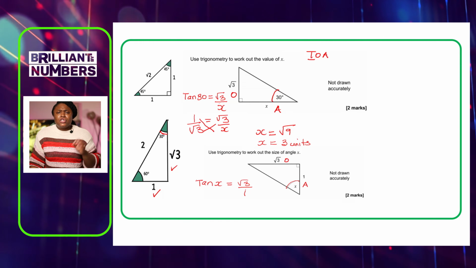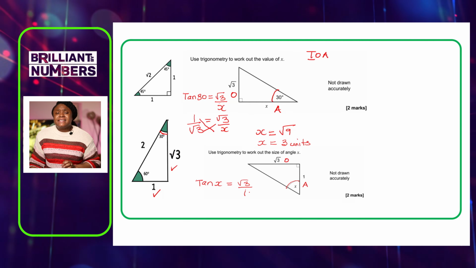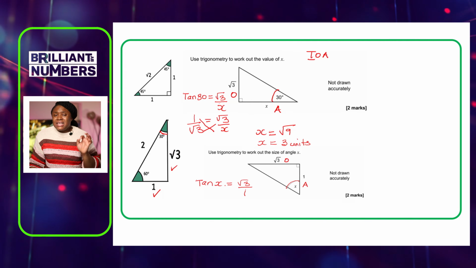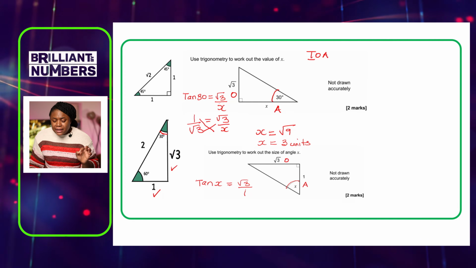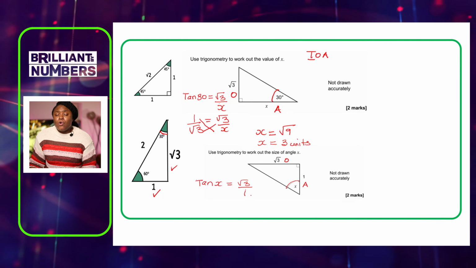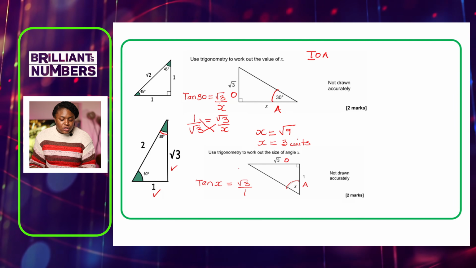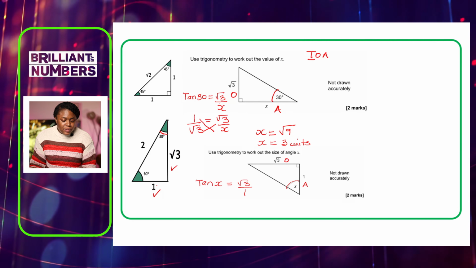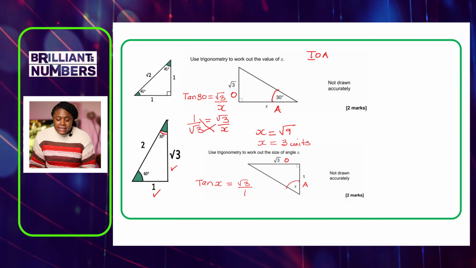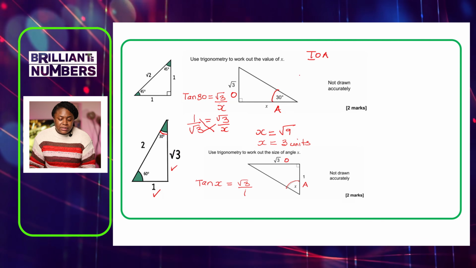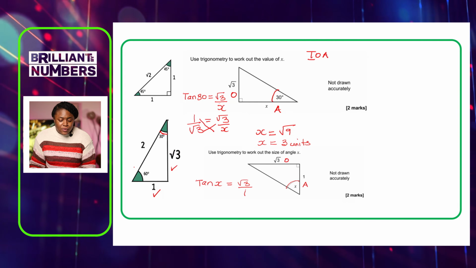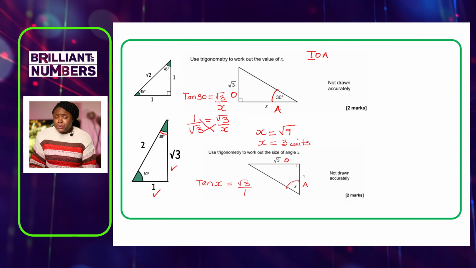So we need to go to our triangle and see which angle of tan gives us root 3 over 1. So we've got root 3 here and we've got 1 here. Remember, tan is the opposite divided by the adjacent. So we want root 3 to be on top.